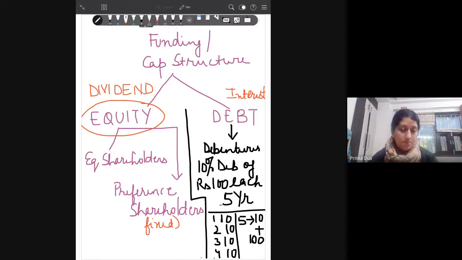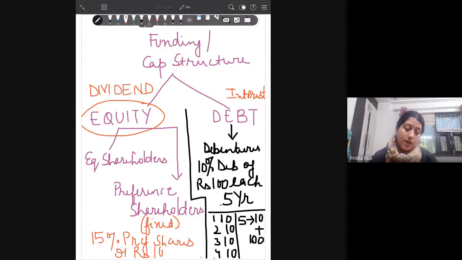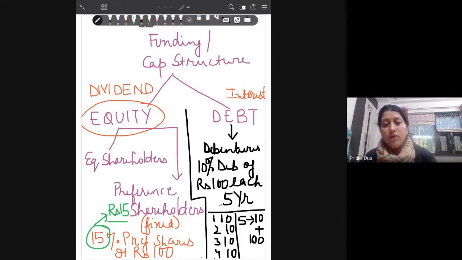Fixed in the sense that when preference shares are issued, they are issued like 15% preference shares of ₹100. This means on every preference share, the dividend that the preference shareholder will receive will be ₹15. So it goes without saying that whatever be the profit of the firm, the preference shareholder each year will be getting ₹15 as dividend.